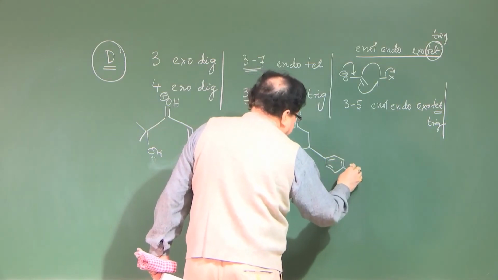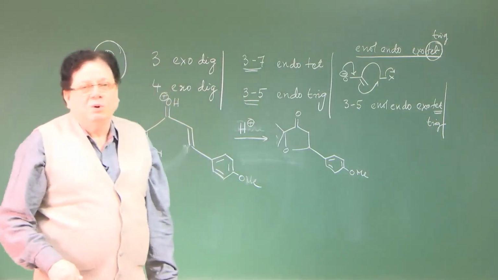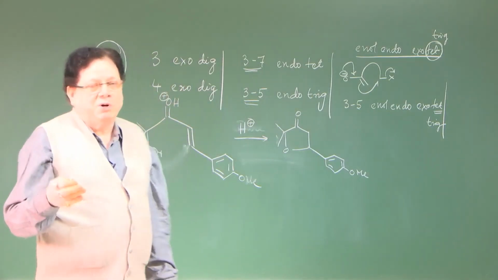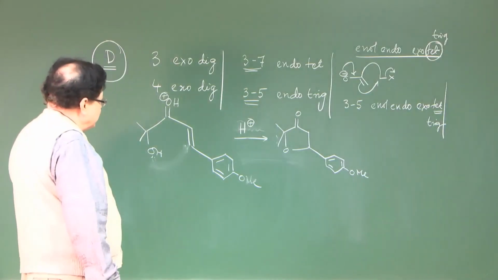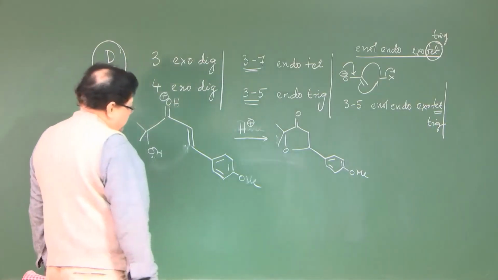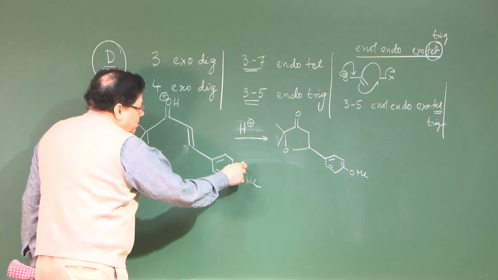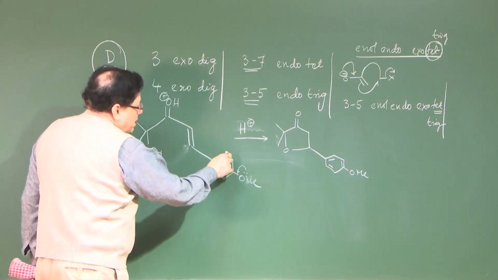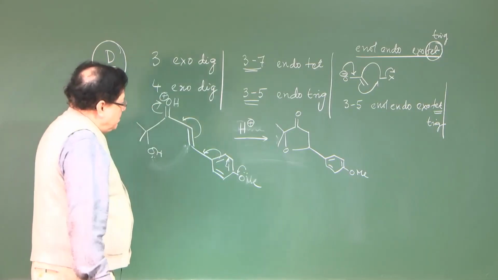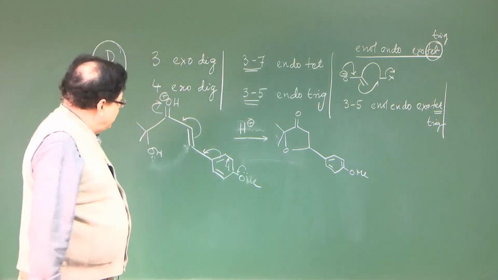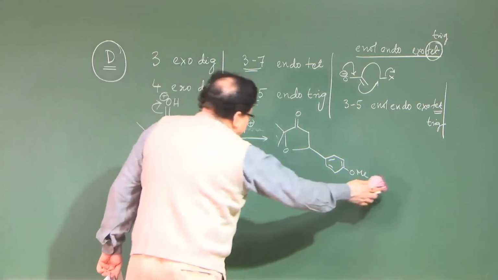So, what is the difference between the acid and base, and how is it possible that this product has been formed following Baldwin's rule? Let us see. Actually, before this OH attacks, because the OMe is a donor, this type of delocalization will take place, and that creates a new structure.